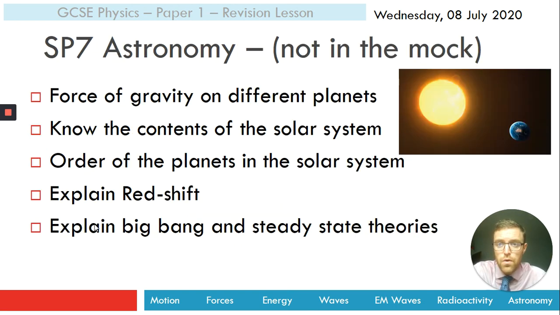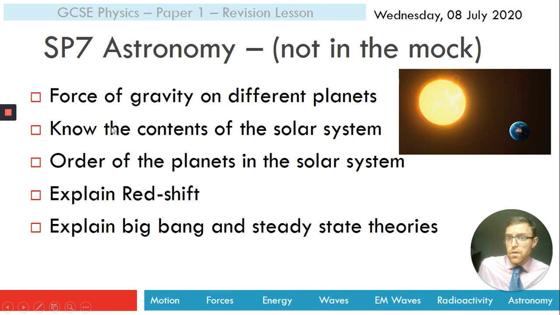And if you are not a triple student, then you don't have to worry about this. But if you are a triple student, we didn't get time to do an online lesson on astronomy. It's not going to be in the mock, which I'm going to share with you in just 1 second. But the types of things you would need to know for astronomy, which you may like to revise in your spare time between now and September, are the force of gravity on different planets.